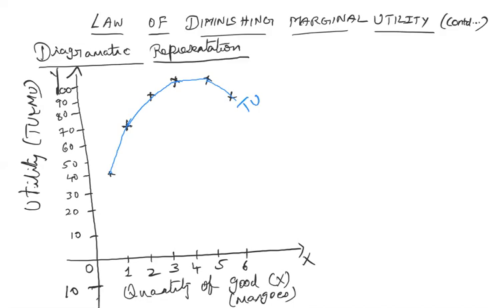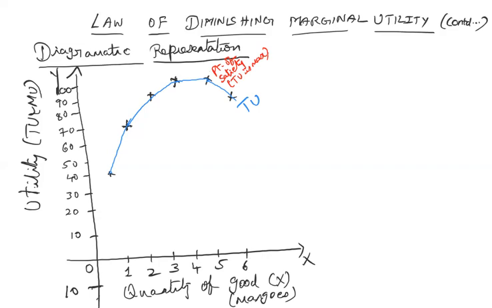At this point, the consumer is getting the maximum satisfaction. This is the point of satiety. You can write why it is a point of satiety: at this point, total utility is maximum. Let me change the alphabet so that the explanation will become easier.